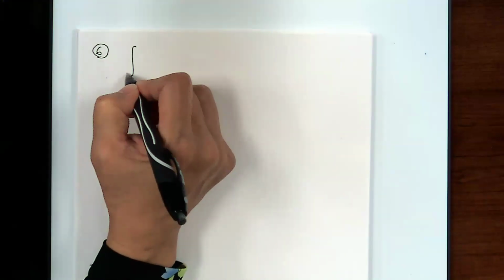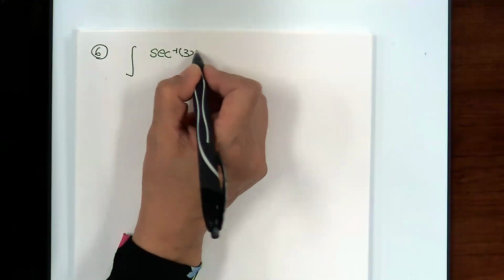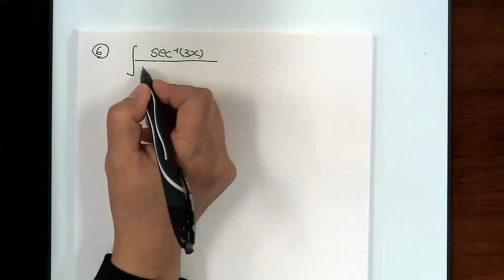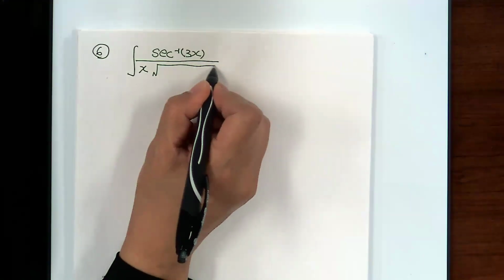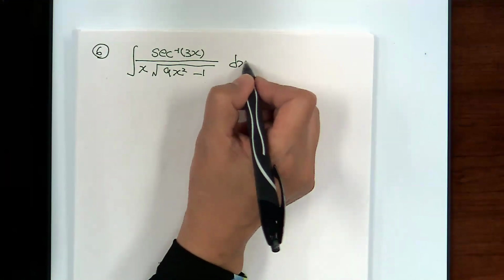The next one is the integration of secant inverse of 3x over x square root of 9x squared minus 1 dx.